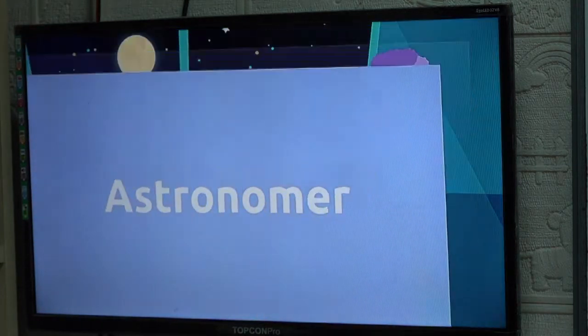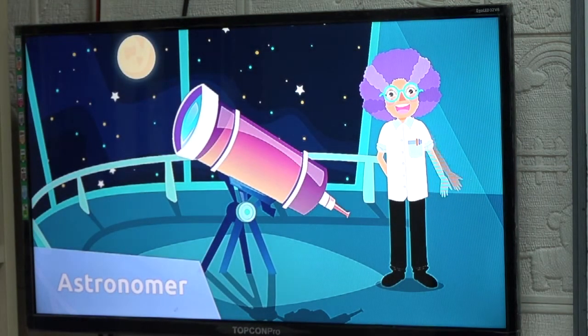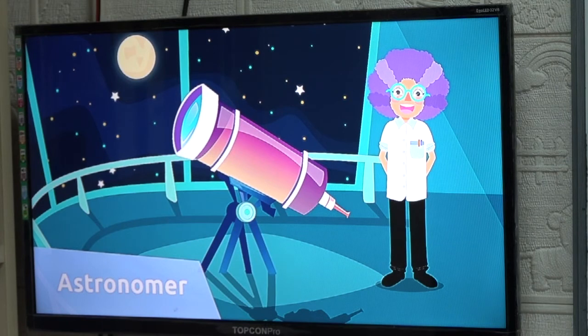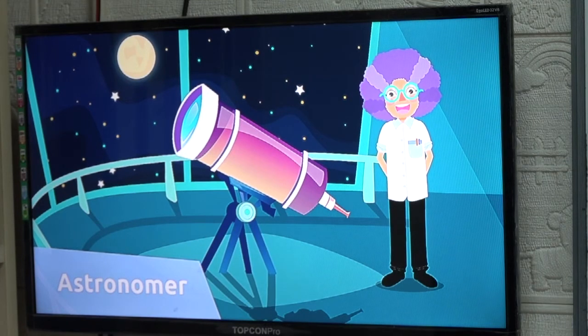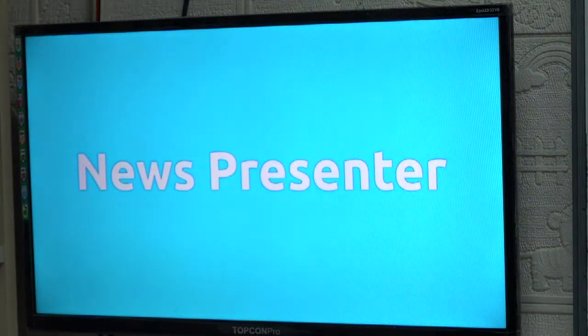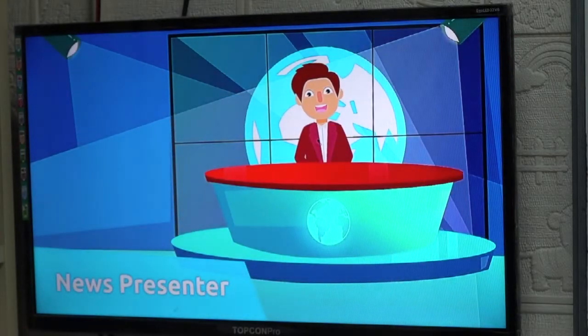Astronomer. Astronomer. Astronomers are scientists who study the universe. They use a telescope to observe the stars, the planets, or the galaxies. Astronomer. Astronomer. News presenter. News presenter. News presenters are people who present the news on television. News presenter. News presenter.